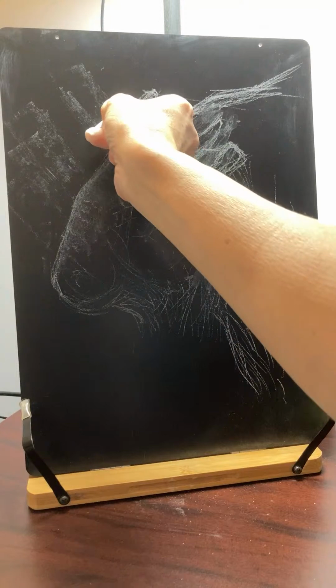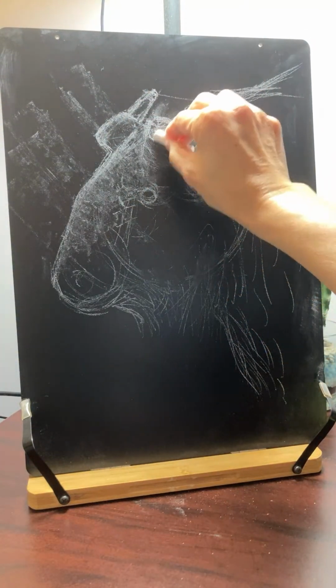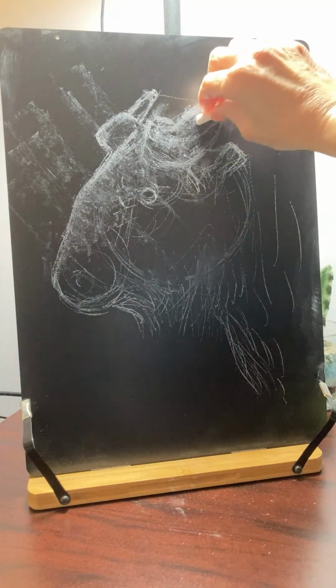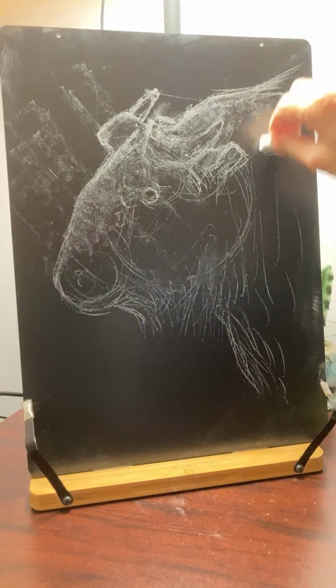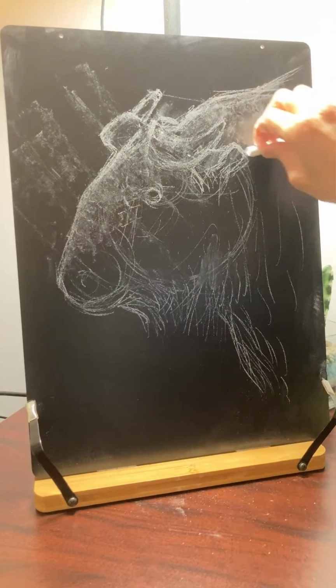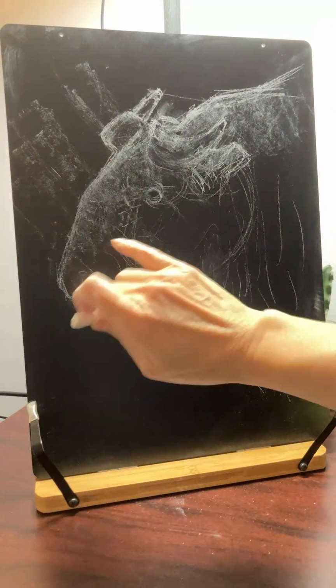Okay, so he got some light here, and some light on the antler. He got a light on the back. But he got a shadow here.